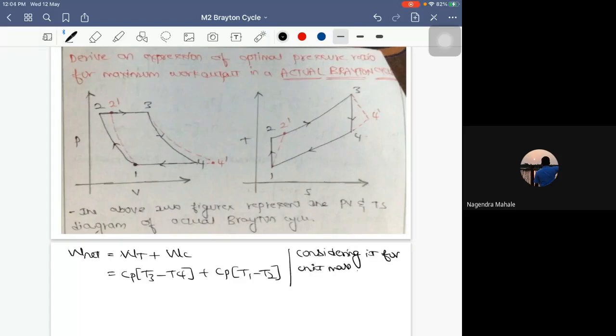Next, by definition of efficiency of compressor and turbine, we have this.